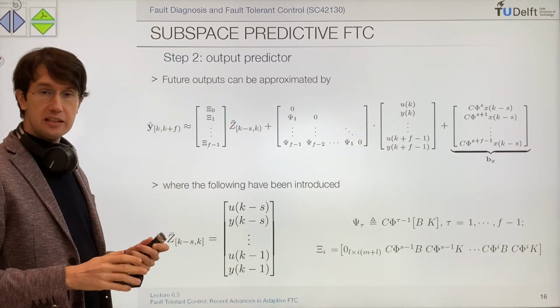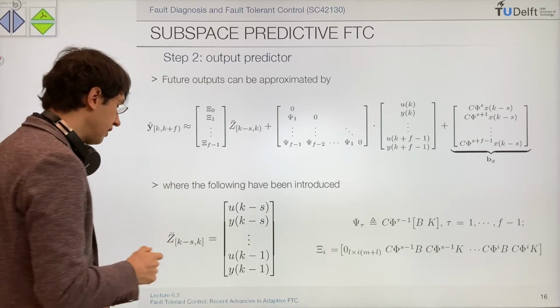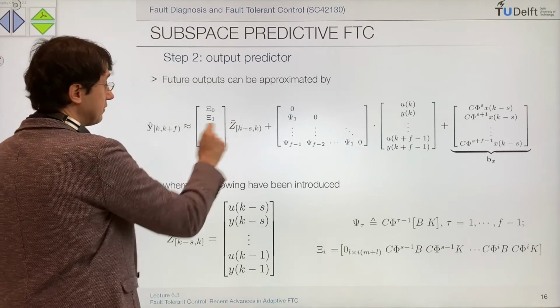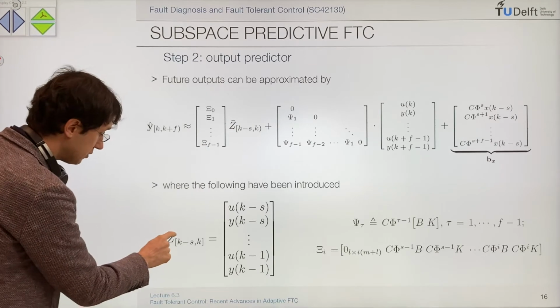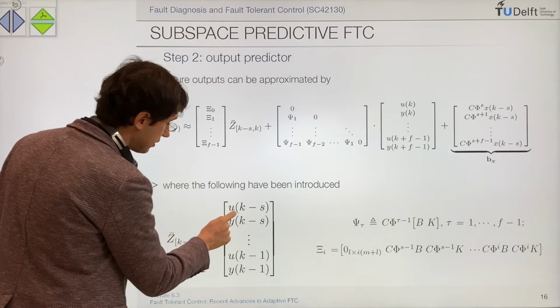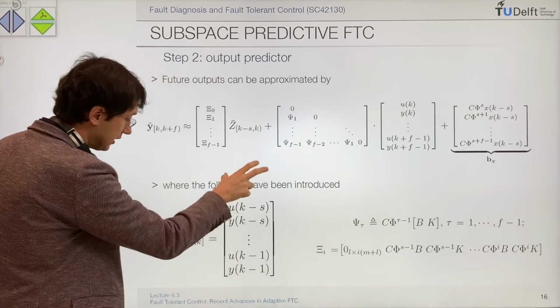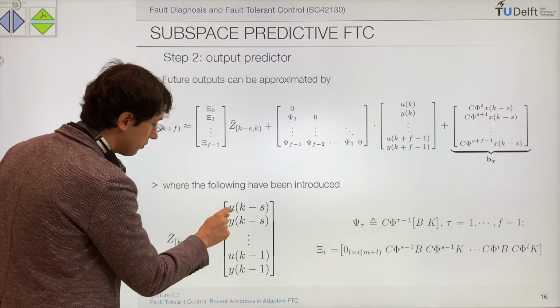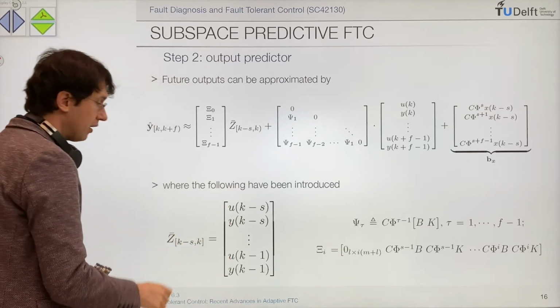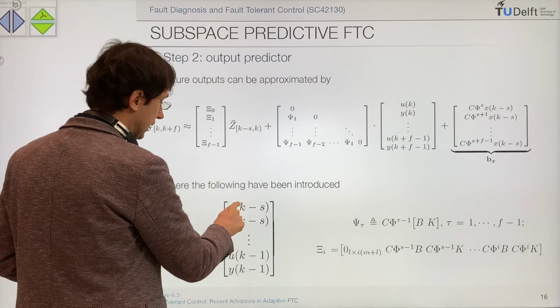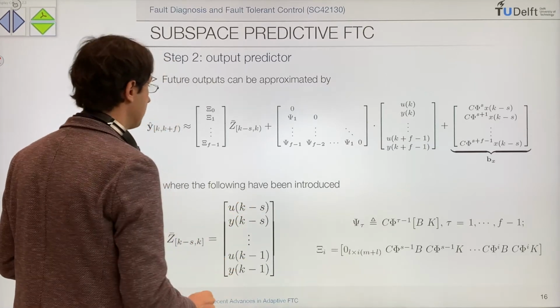This is notated differently than the previous Z, because it is actually defined differently. This new Z is obtained by stacking over a column u and y from time instance k minus s to k minus 1.